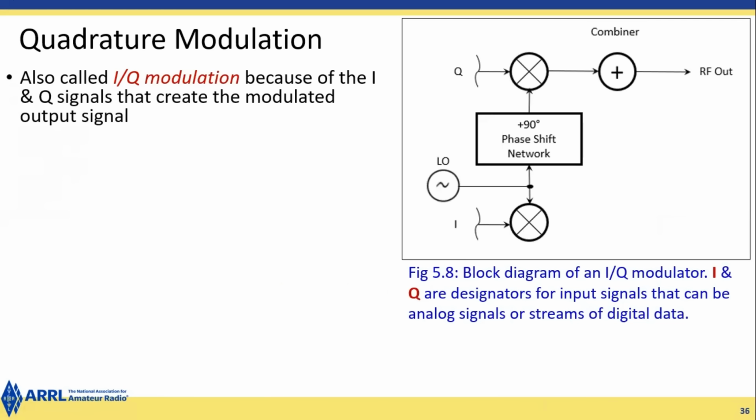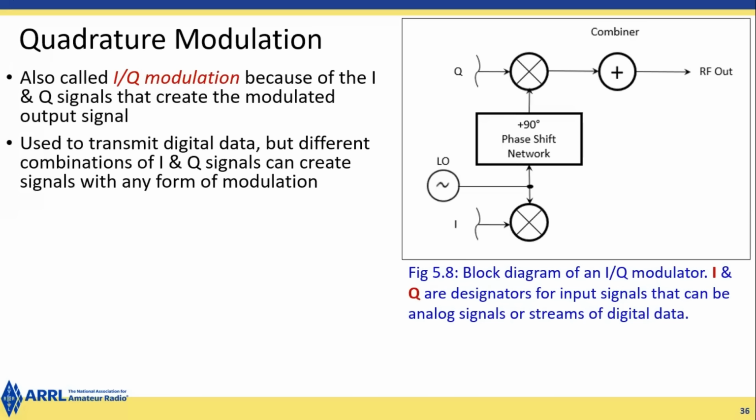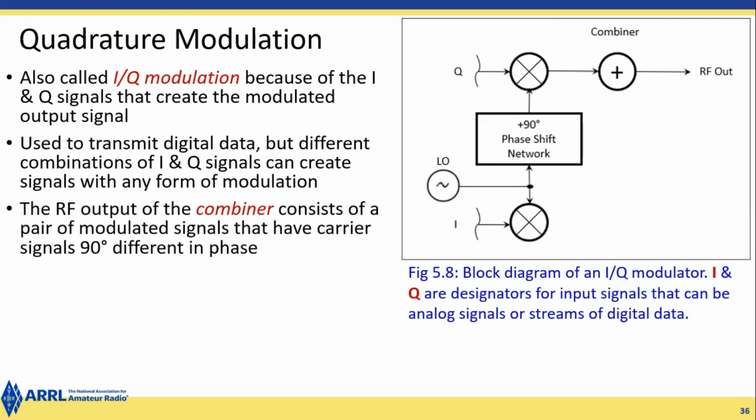Also called IQ modulation because of the I and Q signals that create the modulated output signal. This is quadrature modulation. This is used to transmit digital signals, but different combinations of I and Q signals can create signals with any form of modulation. The RF output of the combiner consists of a pair of modulated signals that have carrier signals 90 degrees different in phase.